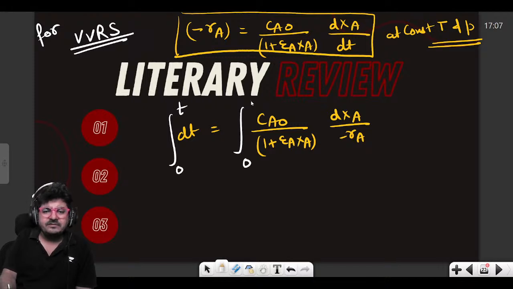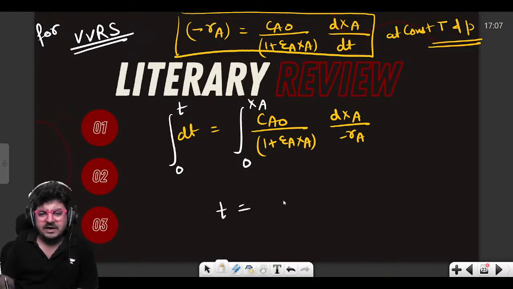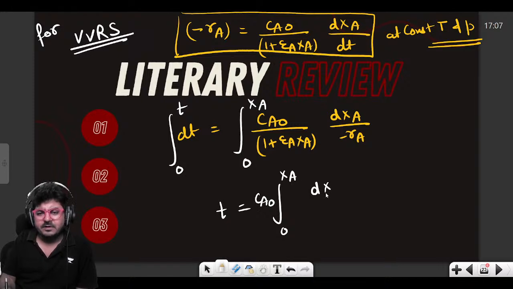At any time t, it will be XA. This is reaction time. तो in general आपका t आ जाता है कुछ ऐसे, t is equal to integration CA naught times of integration from 0 to XA of DXA divided by 1 plus epsilon A XA into -RA.